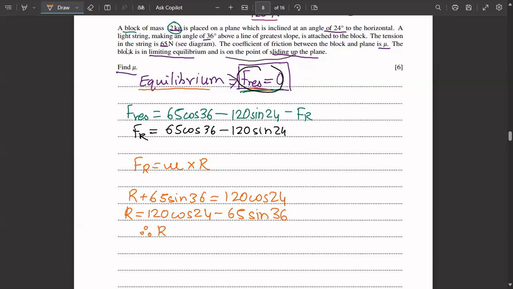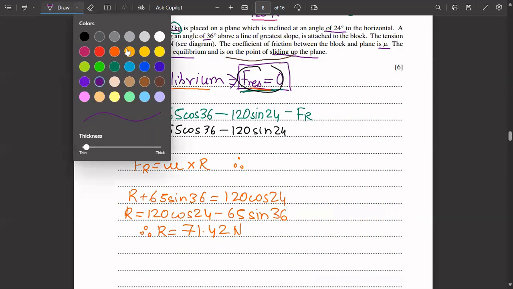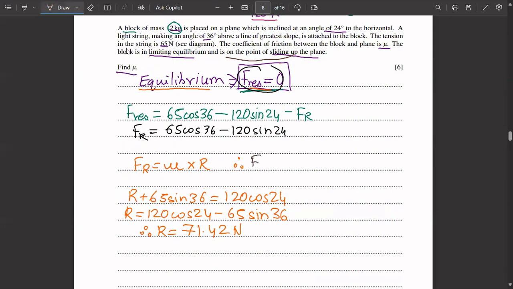Therefore, if I put this in the calculator, 120 cos 24 minus 65 sin 36, the value of R is 71.42 Newton. So therefore, FR will be mu into 71.42 Newton.